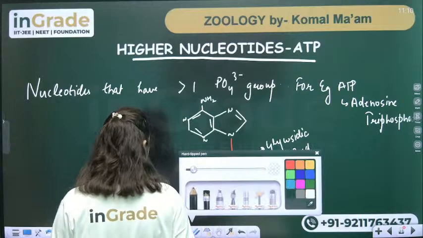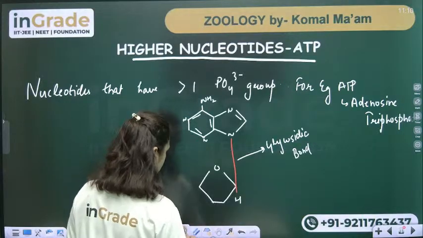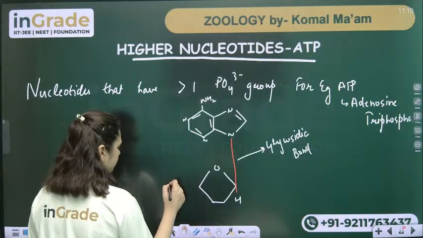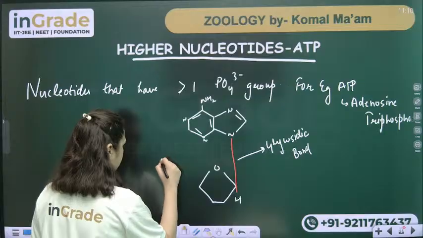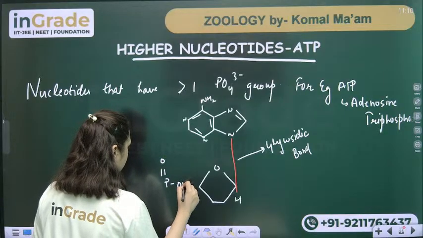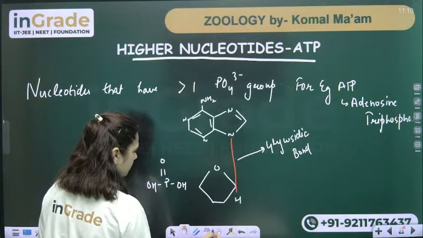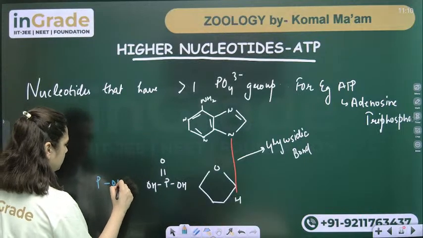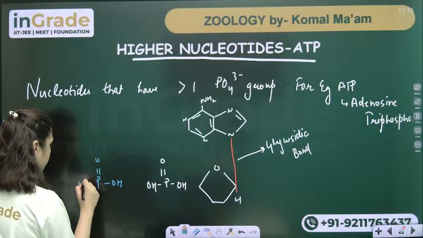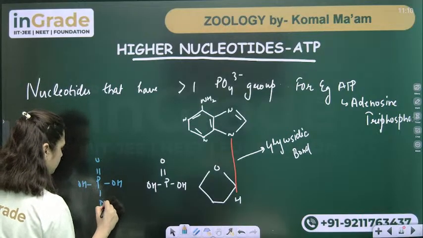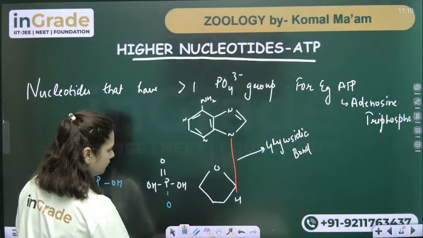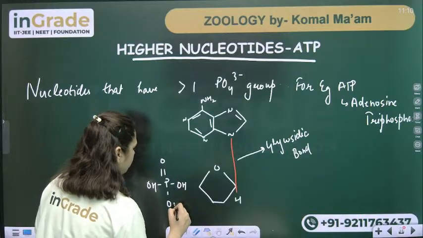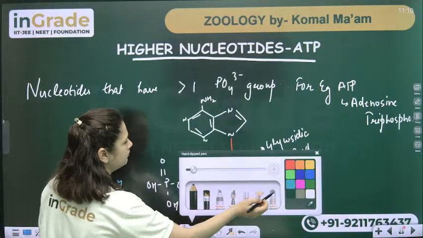Now we'll join 3 phosphate groups here. Okay, we'll make 3 phosphate groups here.